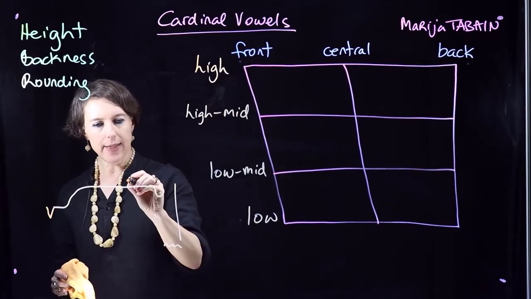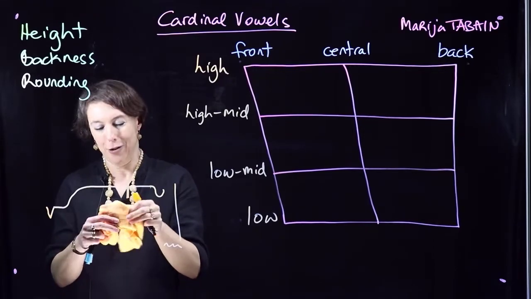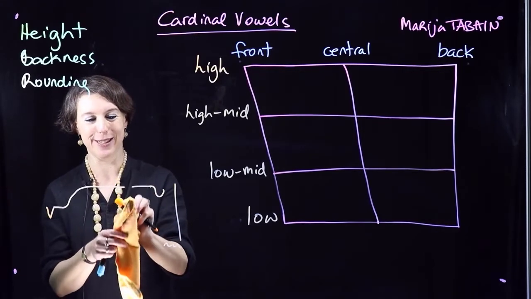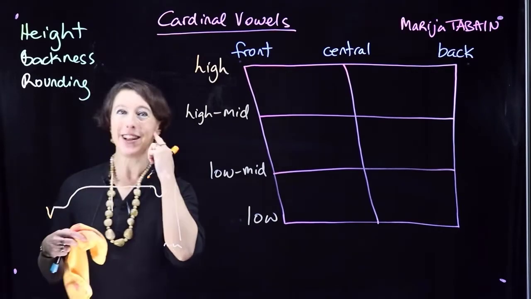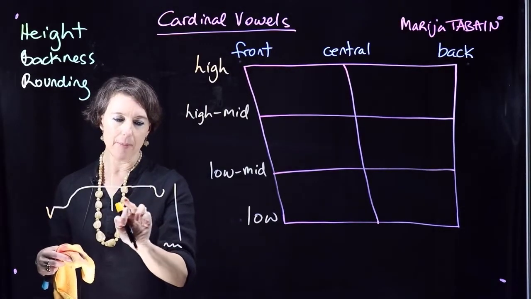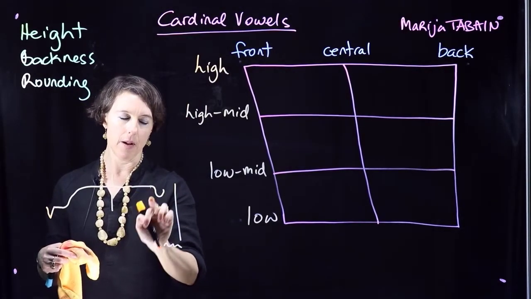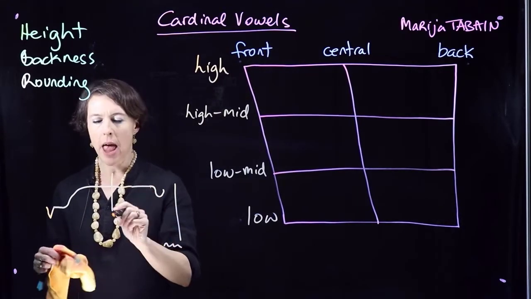And so let's just say that here is where our hard palate ends. It's probably not accurate, not to scale, I'm always doing this so unrealistically. Where our teeth end is where our hard palate ends. And then we've got the velum, all along here, the soft palate, ending in the uvula.